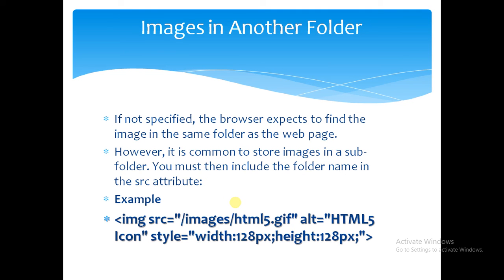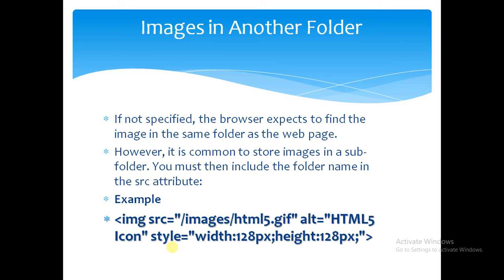Next, image in another folder. This is very important. If your image is not on the same page but in another folder, then we need to create such types of URLs.